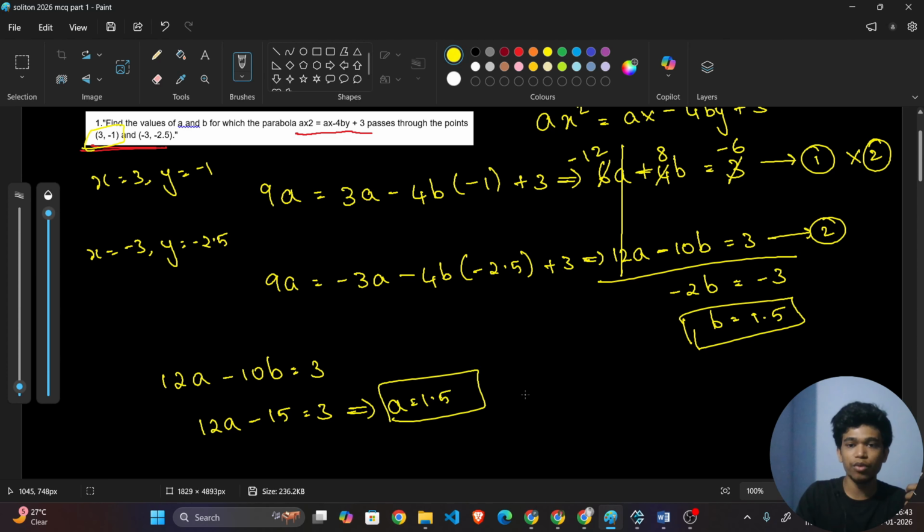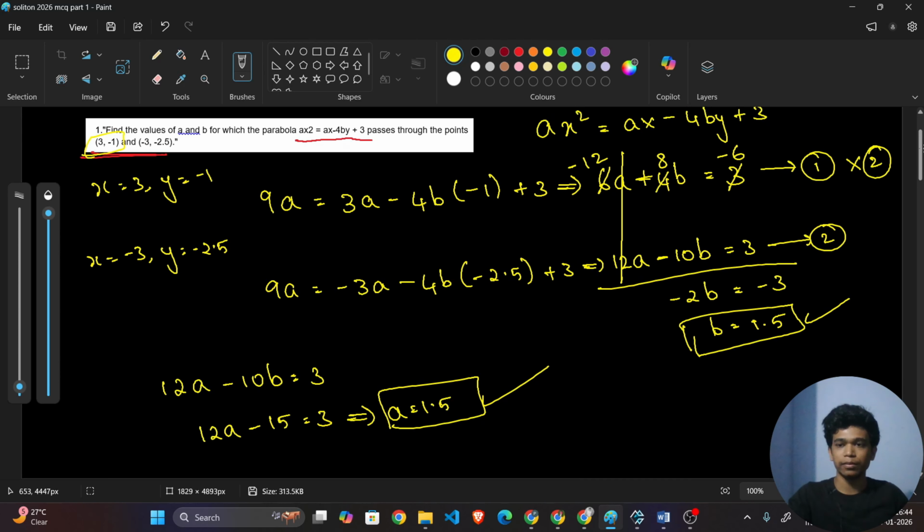So what is the value of a and b? It is going to be 1.5 and 1.5. So it is a direct question. Whenever a shape or a line passes through some points, if I apply the x and y values, then RHS should be equal to LHS. So that's the core knowledge I used here.